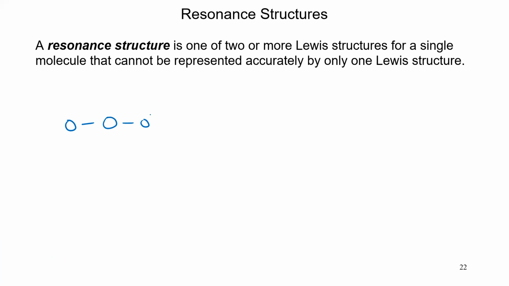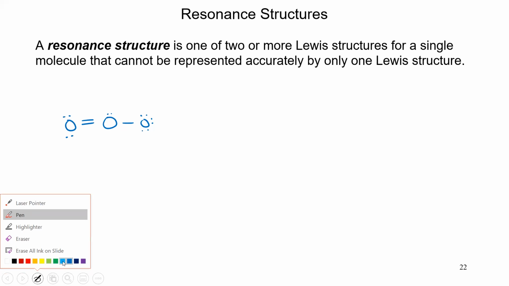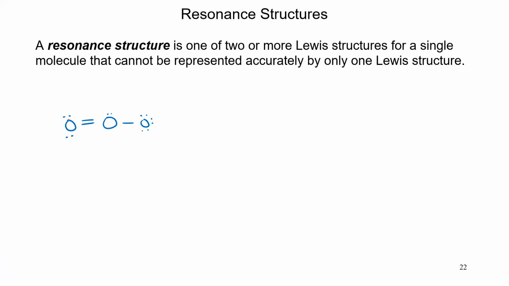Ozone was O3, and we said that it had to have a double bond in order for all of the oxygen atoms to satisfy their octet, right? So here, all of the oxygens have a full octet. If we went and calculated formal charge, again, I'm going to label these 1, 2, and 3. What is the formal charge for oxygen 1? I'll assume you can do these now.